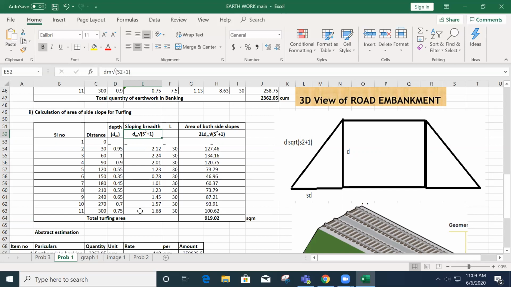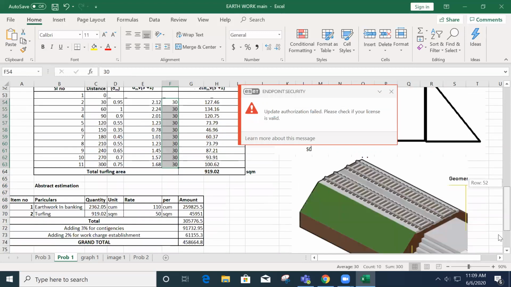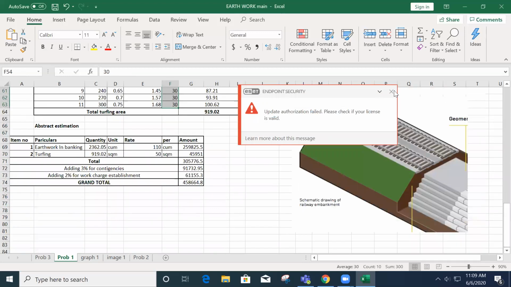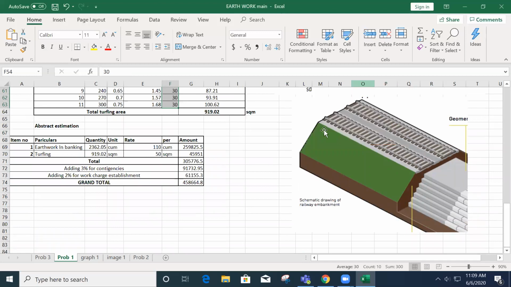Calculate this. And we are working for only 30 meter intervals. That is the constant distance, from this point till this point at a distance of 30 meter. What is the turfing area? Similarly, at every 30 meter interval, we are going to find out the turfing area.